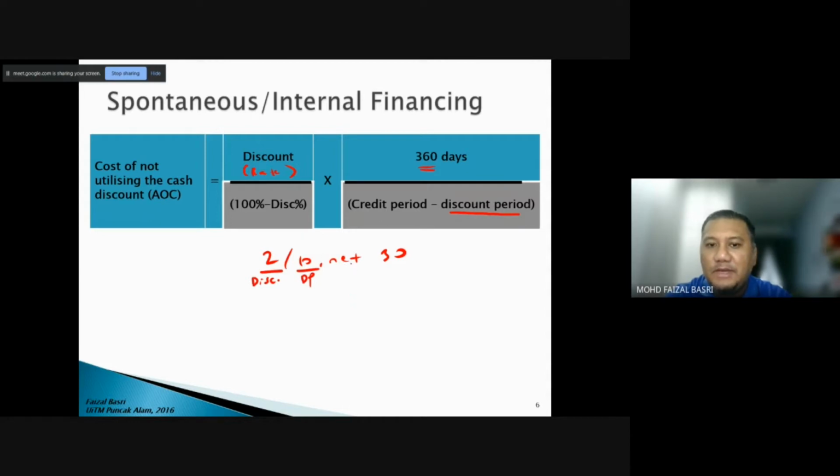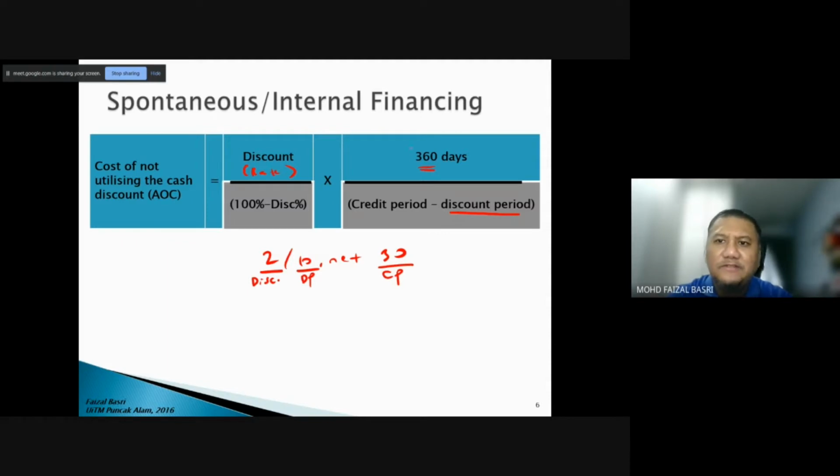Or else you have to pay in full, net, within 30 days. So this is our credit period. So I recap: 2% discount if you pay within 10 days, or else you have to pay in full within 30 days. No more than 30 days, the maximum will be 30 days.